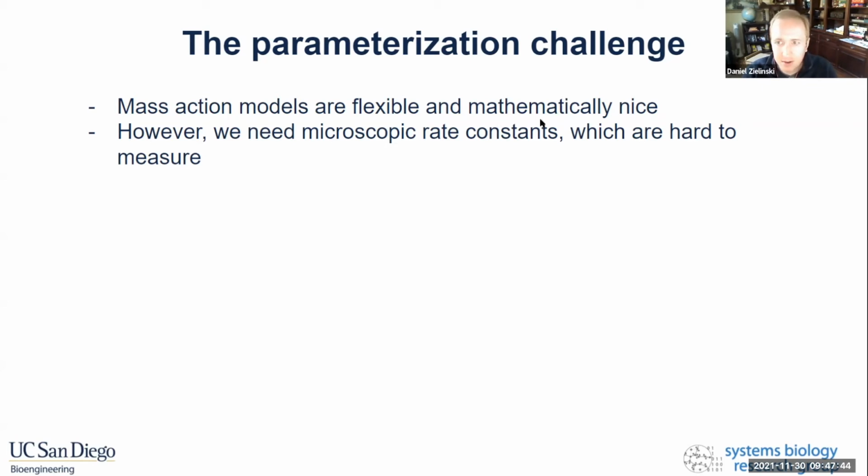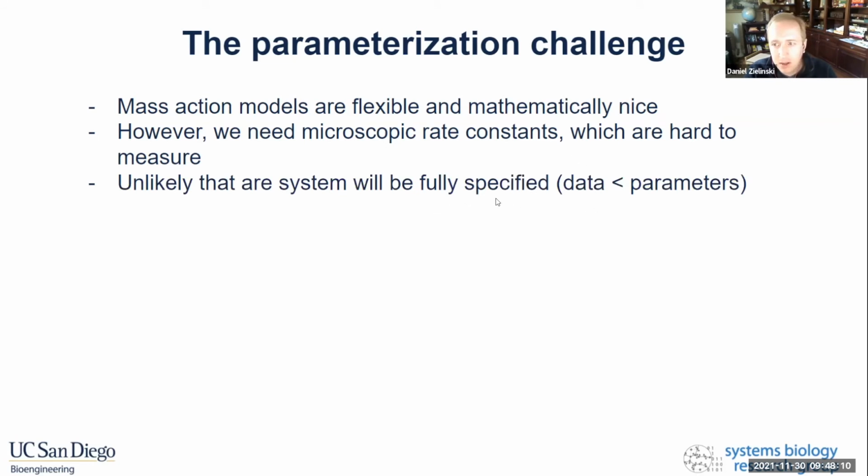They're easy for solvers to deal with. They're generally stable because they have kind of a spring-like capability. As you get more of something, it decreases the rate. So they're very stable, relatively speaking. But they have a lot of parameters, and these are microscopic parameters that almost no one measures directly. There are a few ways, but generally speaking, we're not measuring microscopic rate constants directly.